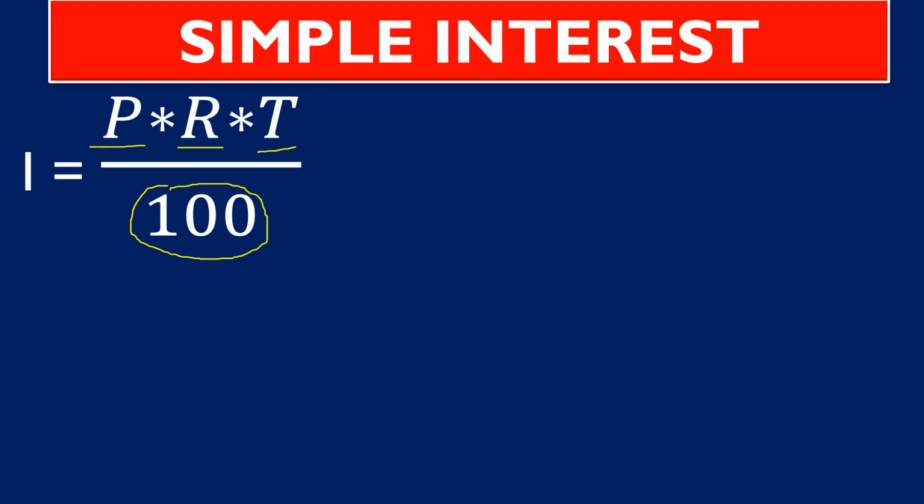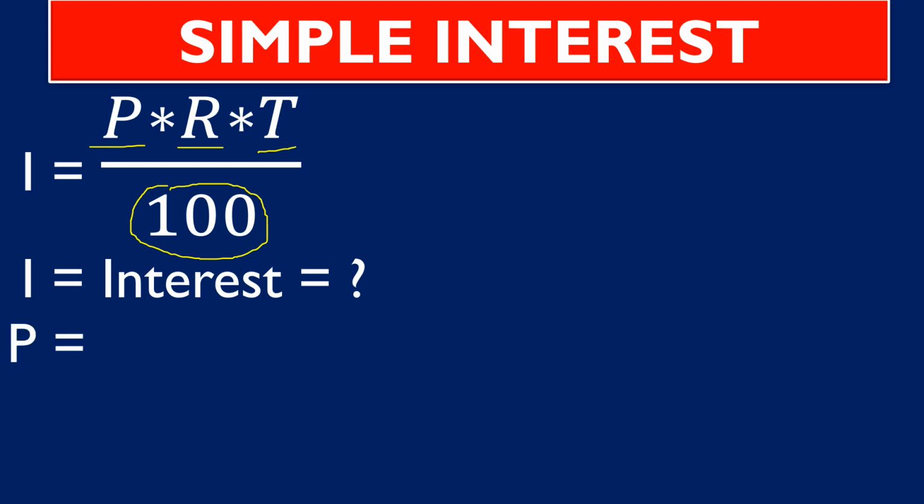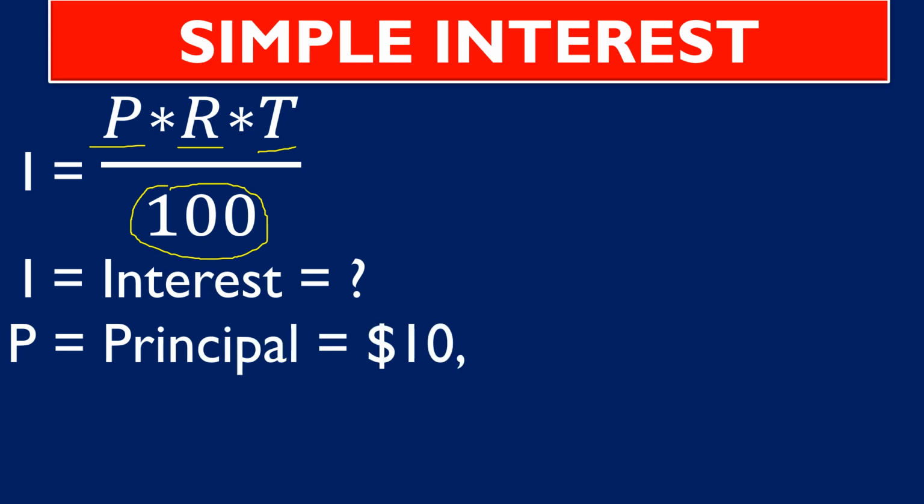And let's see what each letter represents. I represents the interest, and that's what we're looking for, and that's why we have the question mark. P is the principal, the amount you start with, which in this case is the investment amount of $10,000.